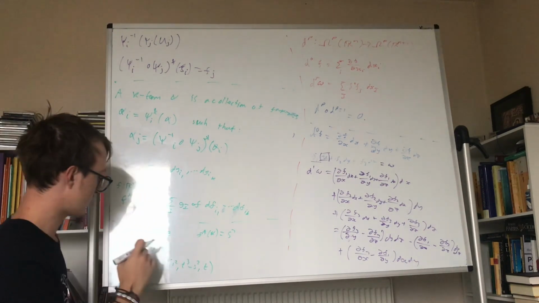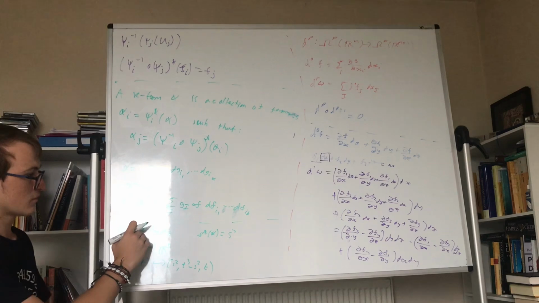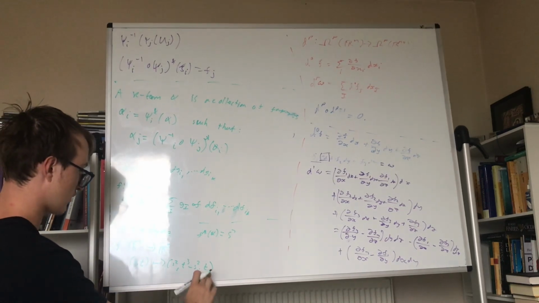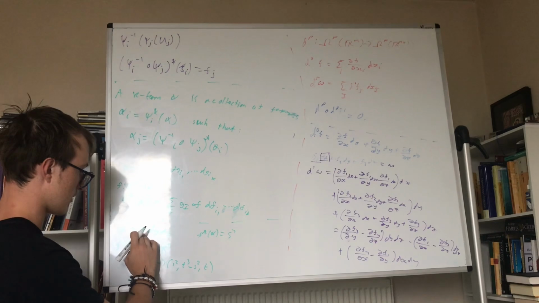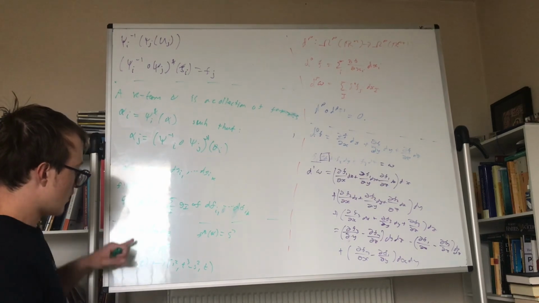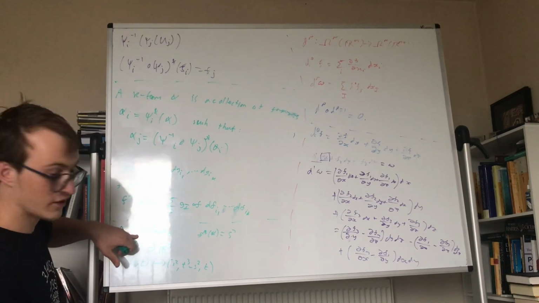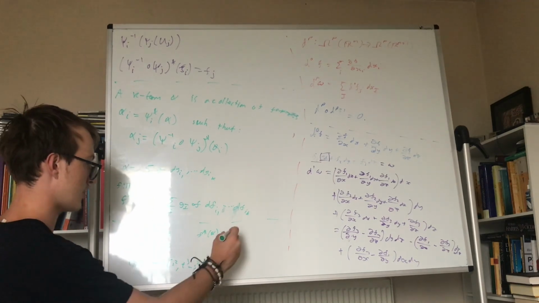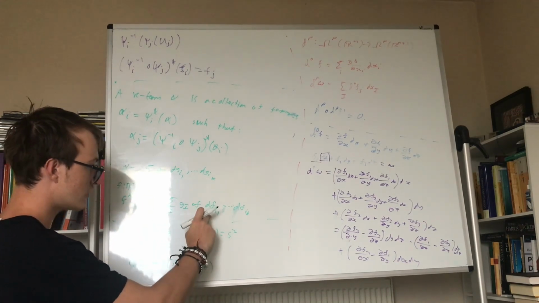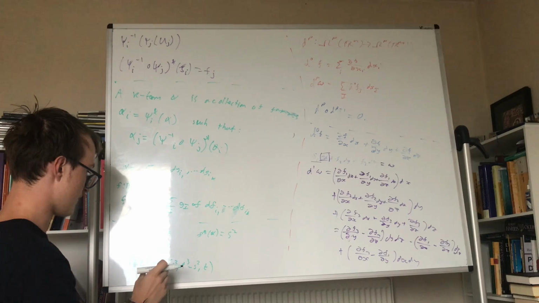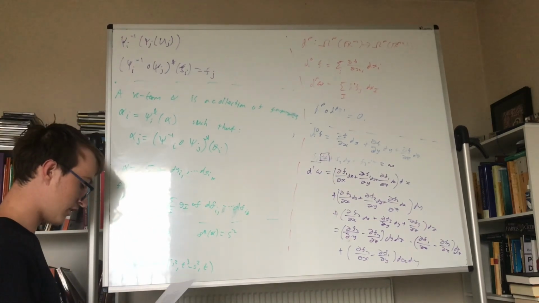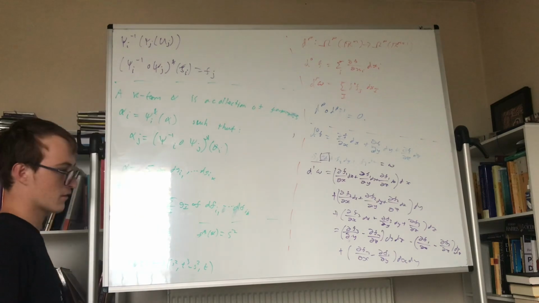It takes the x coordinate, so s squared, times df2 df3.